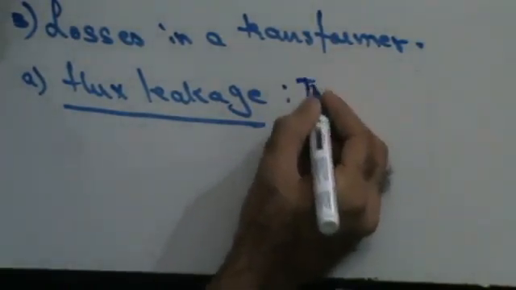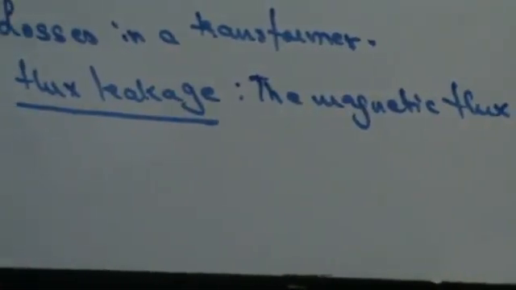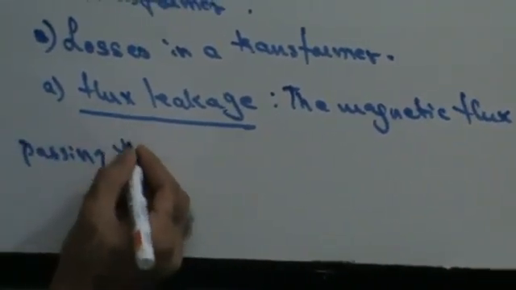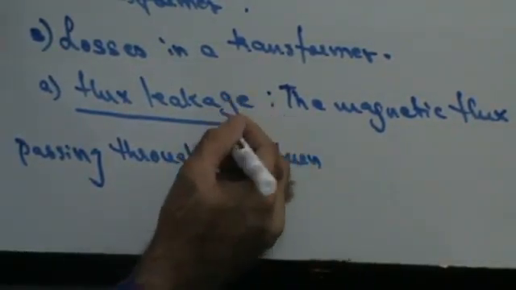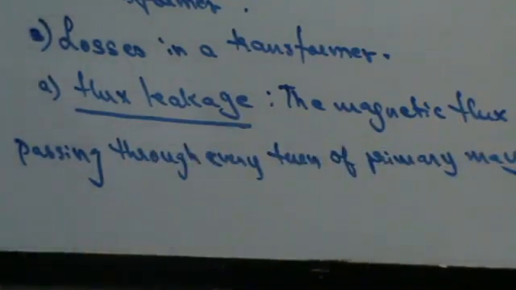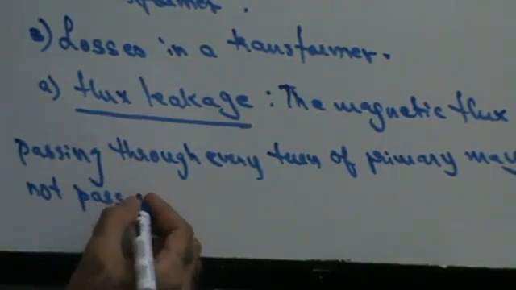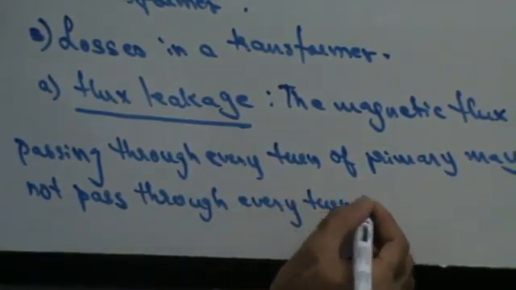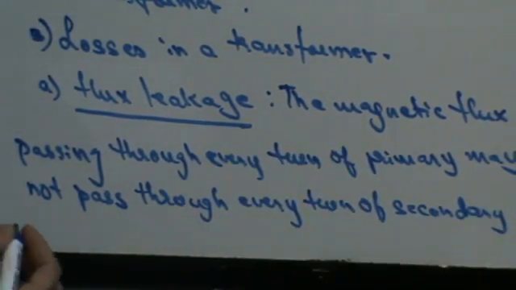The magnetic flux passing through every turn of primary may not pass through every turn of secondary due to improper design.